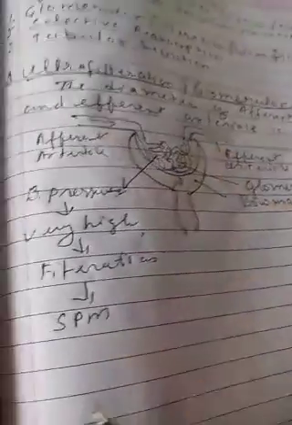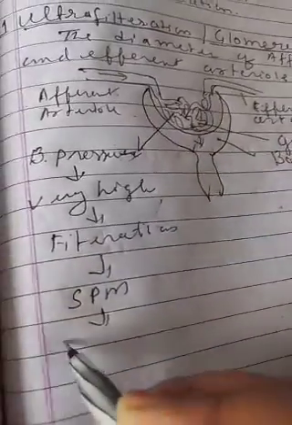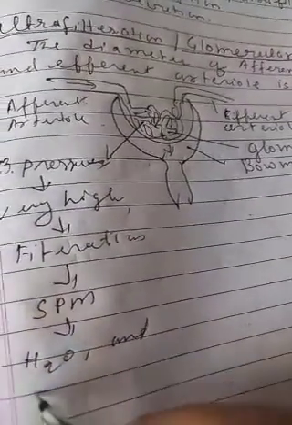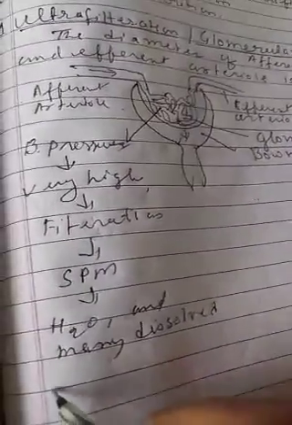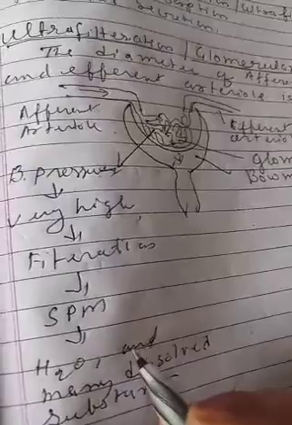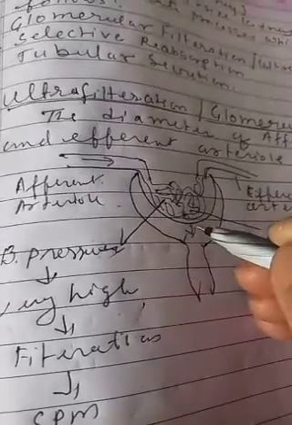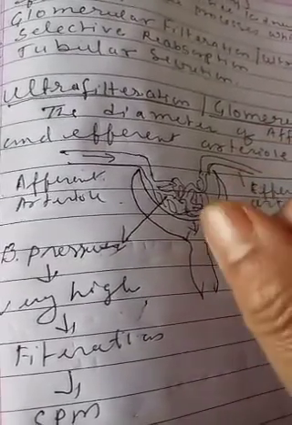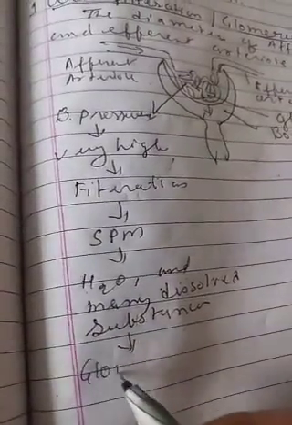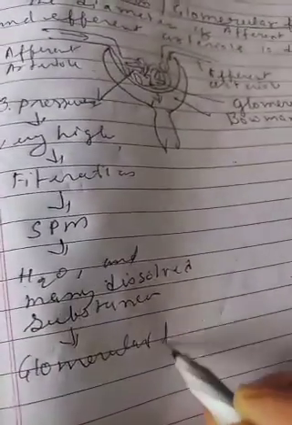Thus, water and many dissolved substances from blood are filtered in the lumen of Bowman's capsule. This filtrate is called the glomerular filtrate.